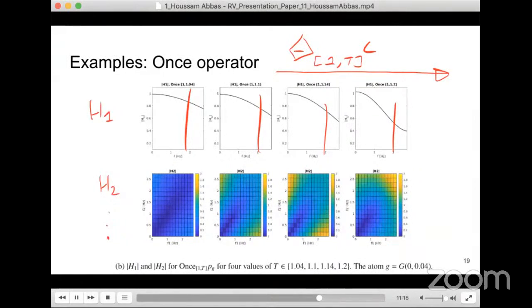If you look at the second order, for the first column, basically the second order is practically zero. So dark blue means zero, whereas golden and yellow means non-zero, basically higher values. As you increase the width of the interval, we start seeing some response at the higher frequencies. Here, here, and here. Now, I don't want to overinterpret this too much.